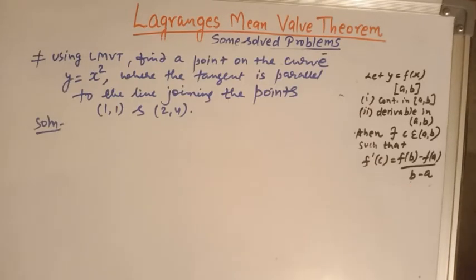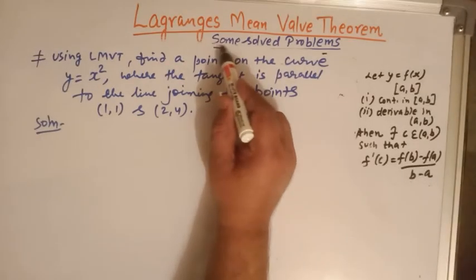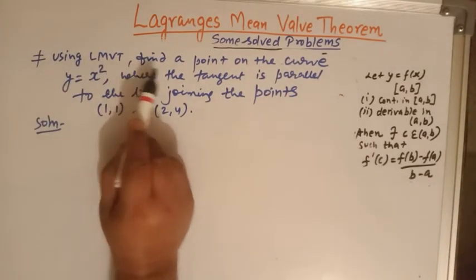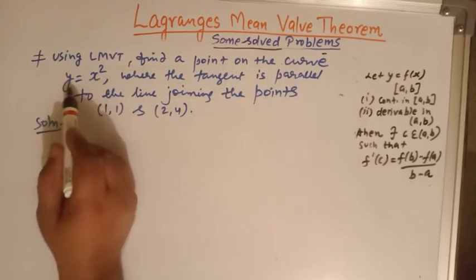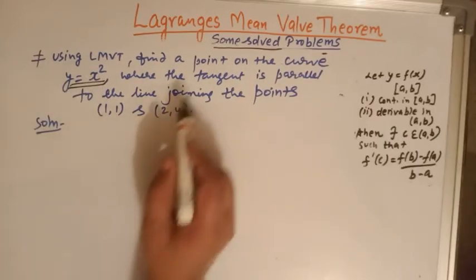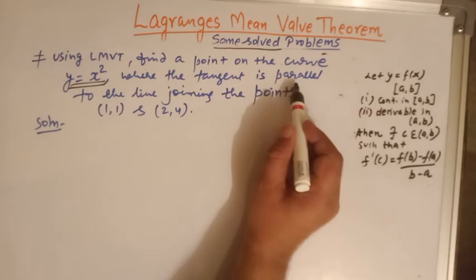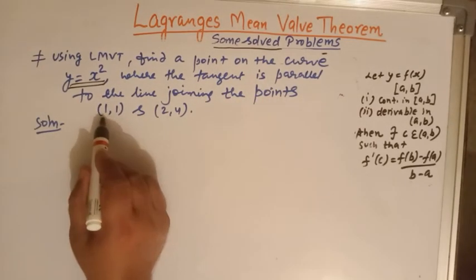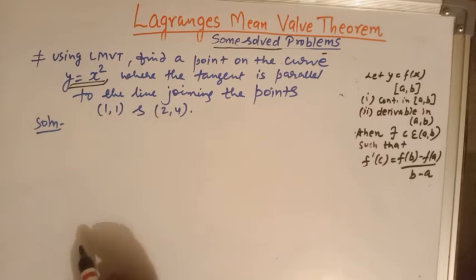Viewers, now we have one important application of Lagrange's mean value theorem. Using Lagrange's mean value theorem, find a point on the curve y equal to x square where the tangent is parallel to the line joining the points (1, 1) and (2, 4).